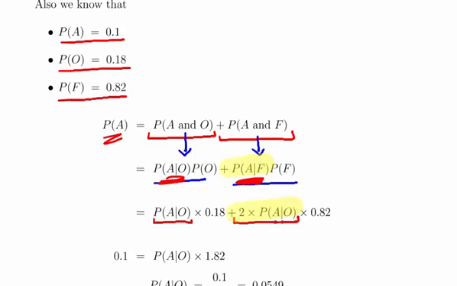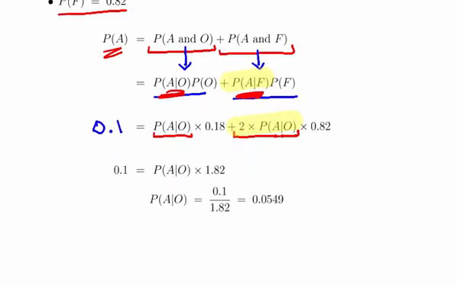And remember, we do know what the probability of A is. It is 0.1. So we can tidy up this expression such that we have the probability of A given O times 1.82, and that is equal to 0.1.